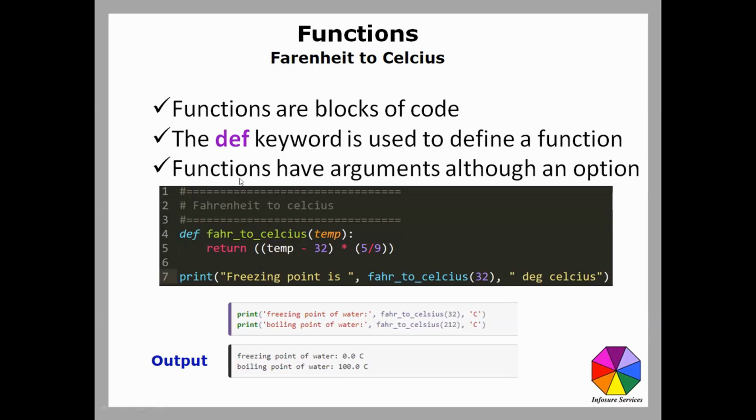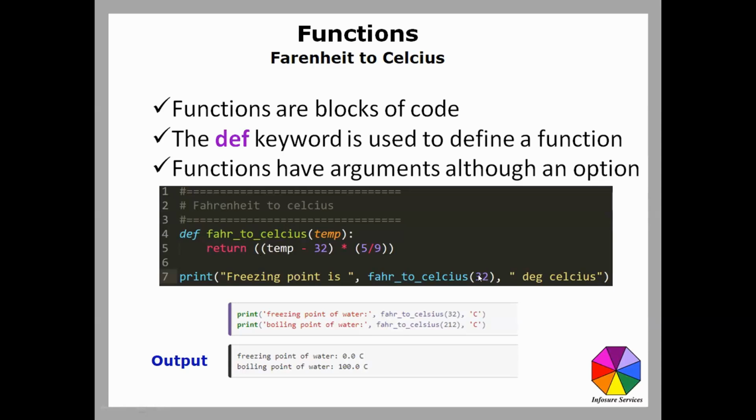Functions optionally have an argument, within brackets here. In this case, temperature. This can be any name, it doesn't matter. That argument is passed into the function when we are calling it.